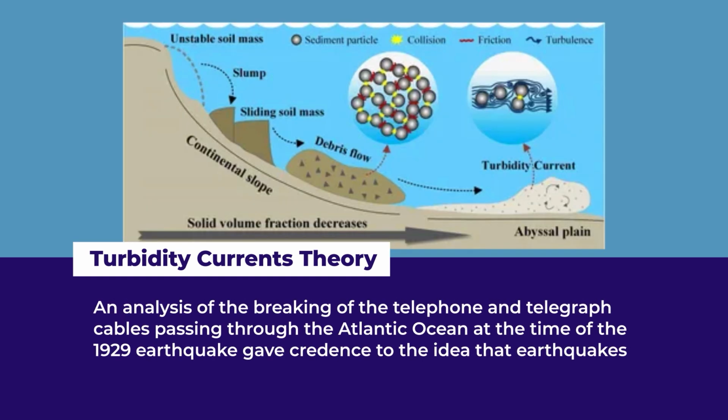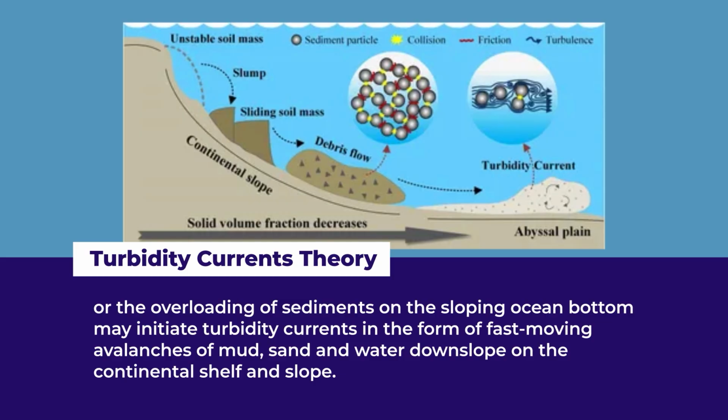An analysis of the breaking of the telephone and telegraph cables passing through the Atlantic Ocean at the time of 1929 earthquake gave credence to the idea that earthquakes or the overloading of sediments on the sloping ocean bottom may initiate turbidity currents in the form of fast moving avalanches of mud, sand and water downslope on the continental shelf and continental slope.